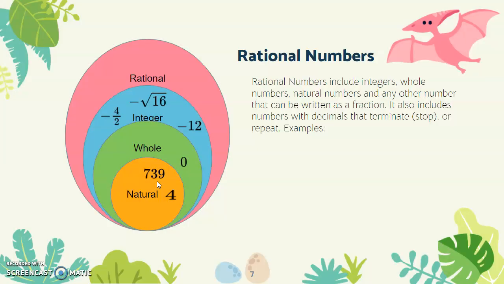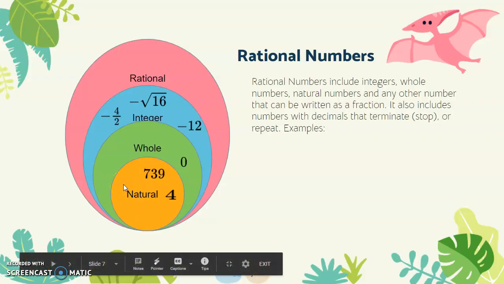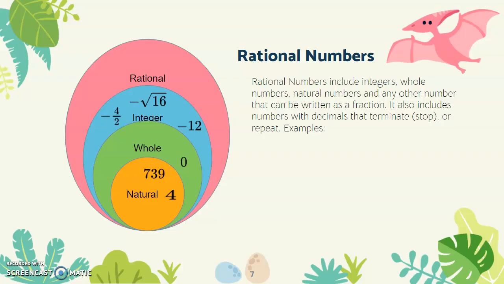Our next group is called rational numbers. Rational numbers includes integers, it's inside, includes whole numbers, includes natural numbers, and any other number that can be written as a fraction. It also includes numbers with decimals that terminate, aka stop, or decimals that repeat. So for example, 7 divided by 2. 7 divided by 2 breaks down to 3.5, a terminating decimal.